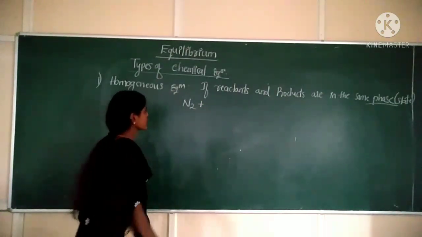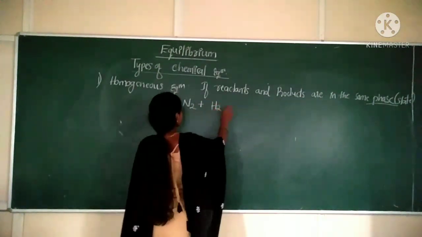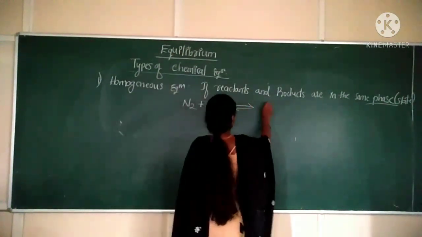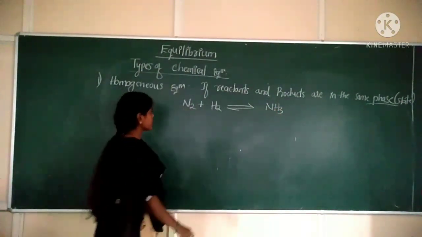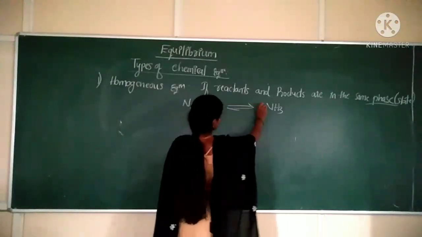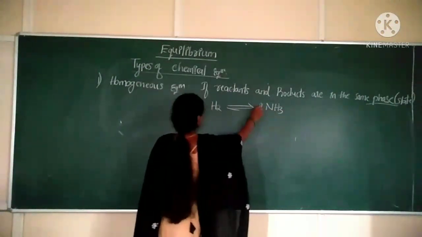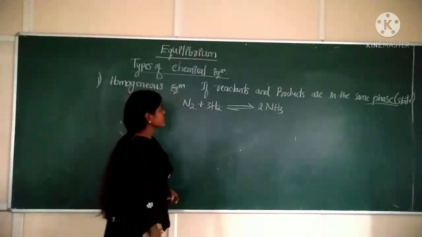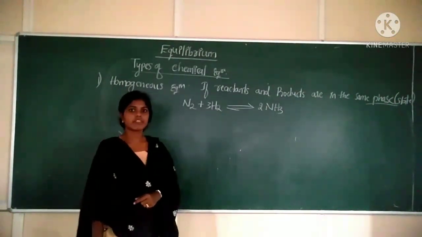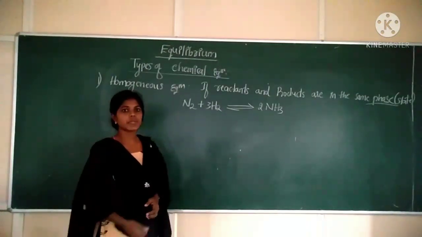Synthesis of ammonia: N2 plus H2 gives NH3. Now balancing the reaction, 2 nitrogens on the left, so 2 NH3 on the right, and 3 H2. So the synthesis of ammonia is an example of homogeneous equilibrium.